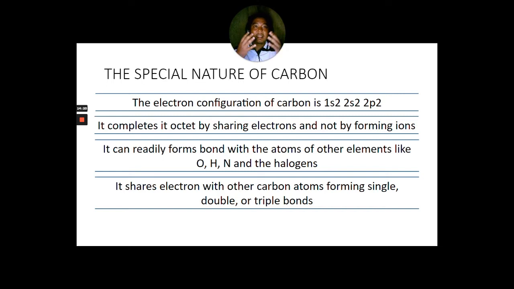So imagine the flexibility of carbon. That's the point. Because of carbon, we have a lot of compounds that are very useful in our everyday living. Name it: food, drugs, transportation, infrastructure, etc. So carbon is very important.